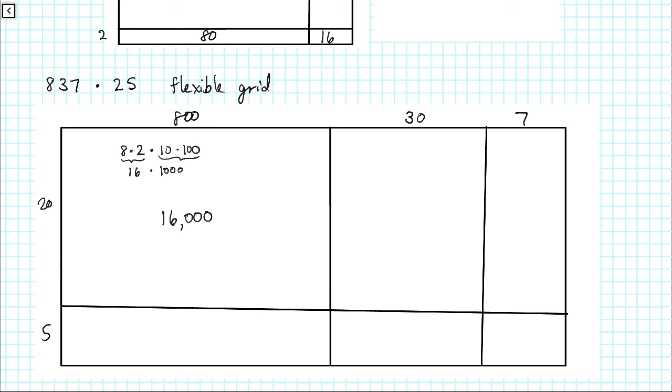20 times 30 is 600, and 20 times 7 is 140. 5 times 800, this is the same as 5 times 8 times 100, which is 40 times 100, which is the same as 4 times 10 times 100, or 4,000. 5 times 30 is 150, and 7 times 5 is 35.